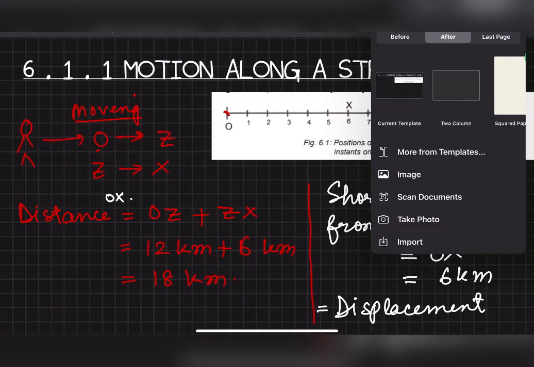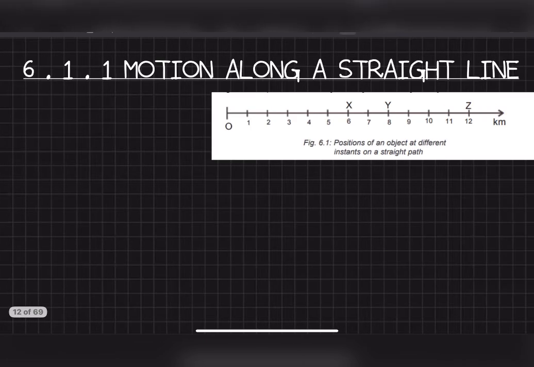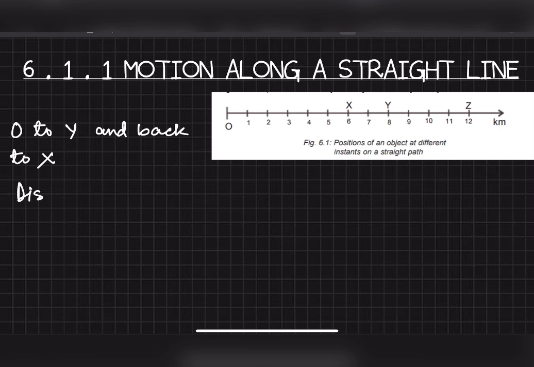Let me make one more point and make you understand further. Let's say you are moving from O to Y and back to X. Then distance will be how much? Come on, this is a common thing. O to Y and back to X. So distance will be OY plus YX.